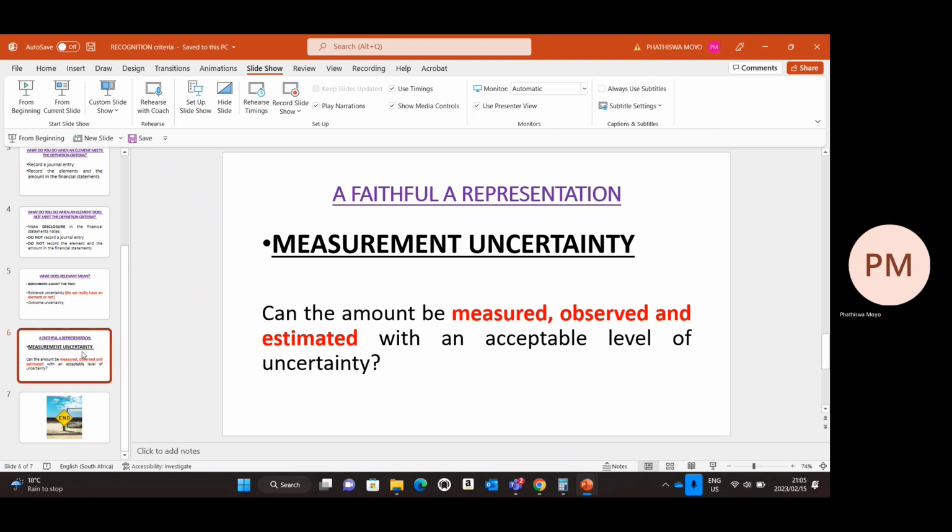Faithful representation is based on one aspect only, and that is measurement uncertainty. Can the amount be measured, observed, or estimated within an acceptable level of uncertainty?